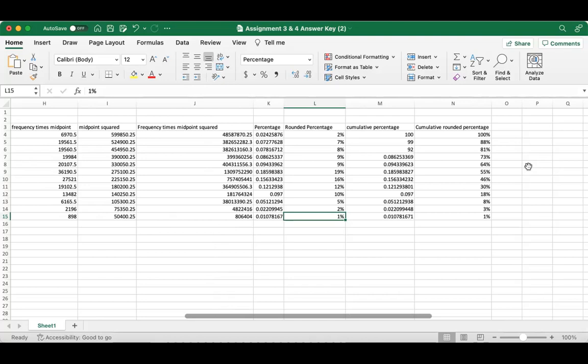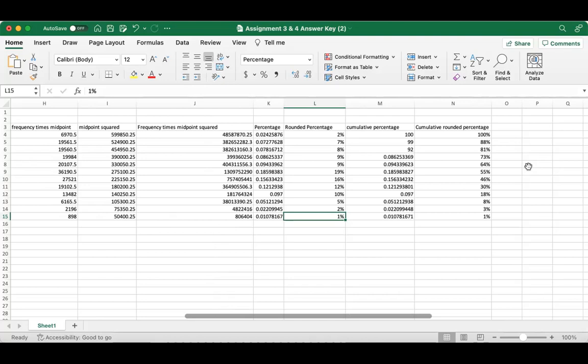All right, so now we have the cumulative percentage. This is where you deal with the rules of math. We can agree this is 1%, and that's 3%. Cumulative percentage, not rounded; we're not doing rounded yet. The first one would just be equal to K13.